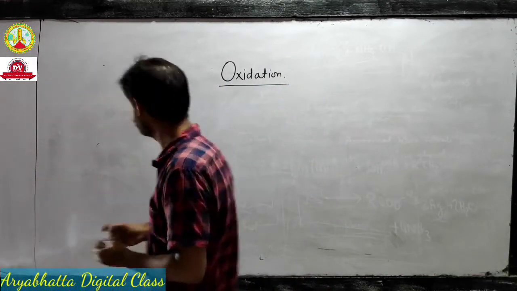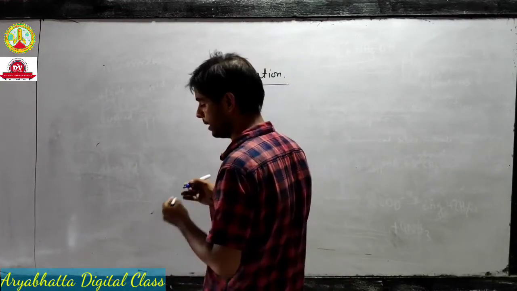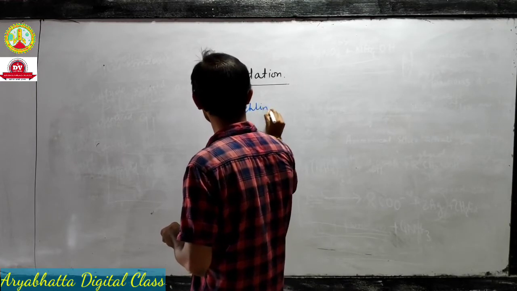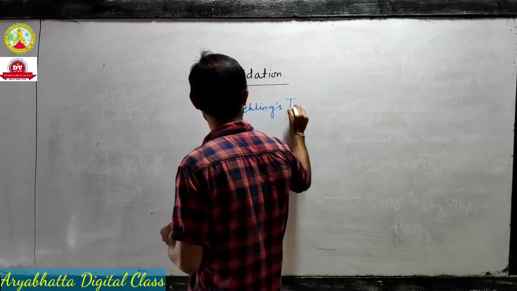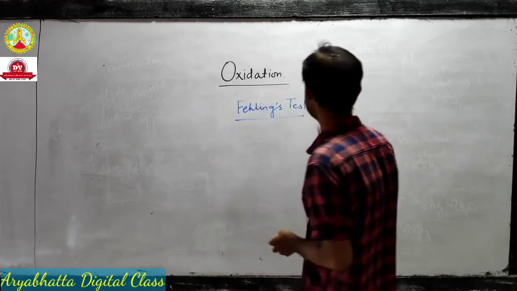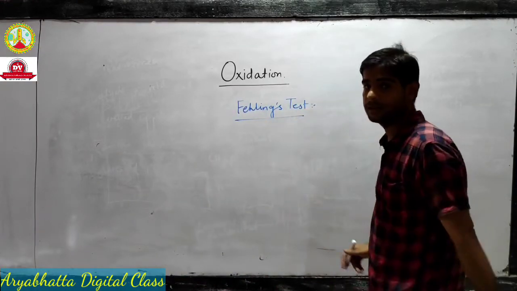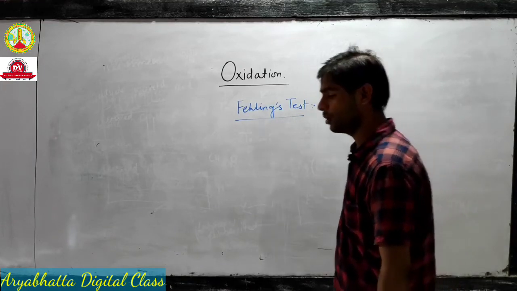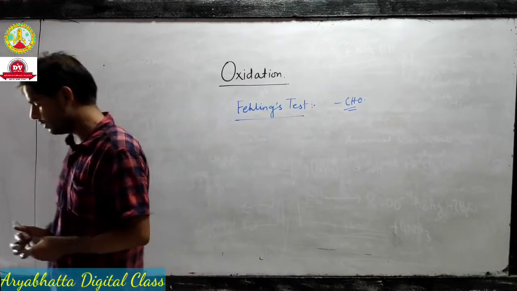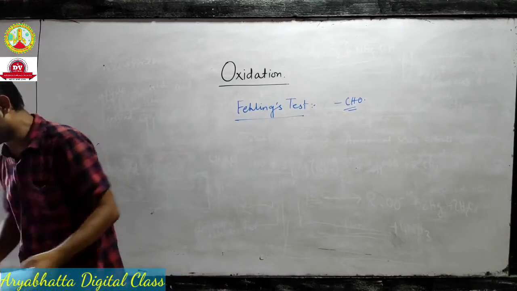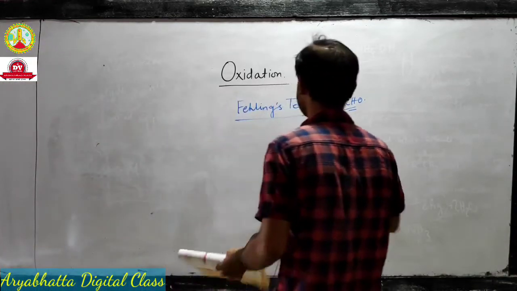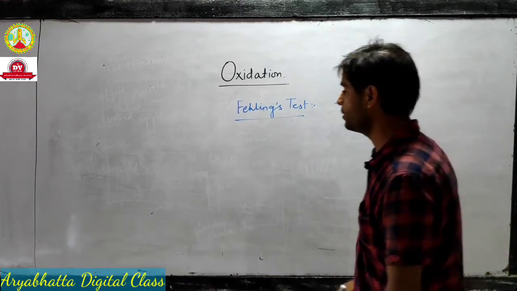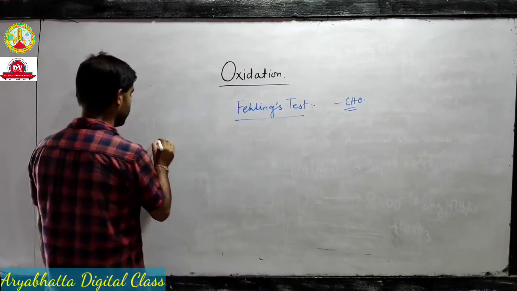Now the next test that we will see is called the Fehling test. This test is also to determine whether an organic sample contains an aldehyde group or not. To perform this Fehling test, we need Fehling's reagent.